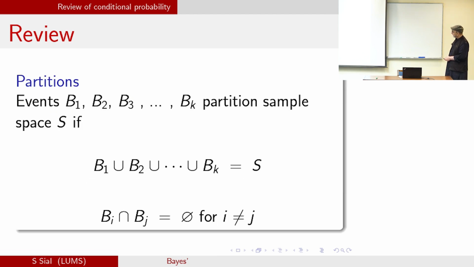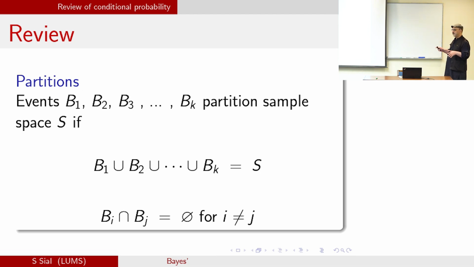Okay. Now we also had the idea of a partition. So we can partition the sample space S into a bunch of sets. Their union is all of S, and their pairwise intersections are empty, right?